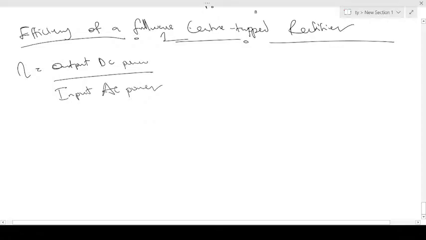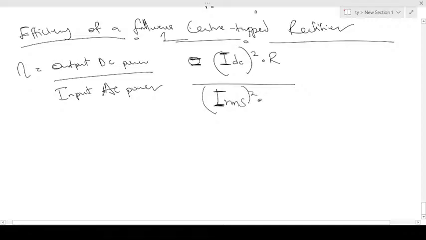And we know from the half wave rectifier efficiency that output DC power is I DC squared times R, and our input AC power is the root mean square value of I, all squared, multiplying the sum of our forward resistance and our load resistance.